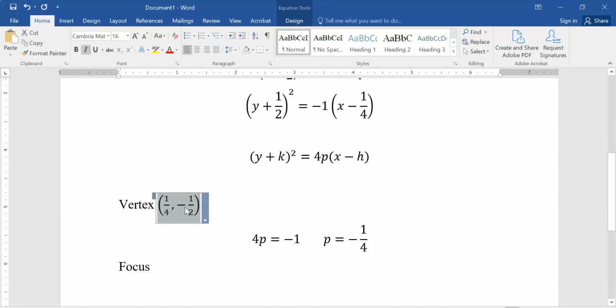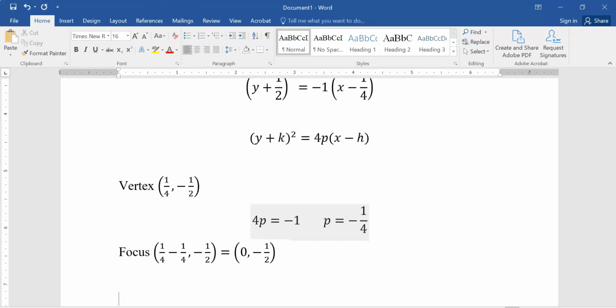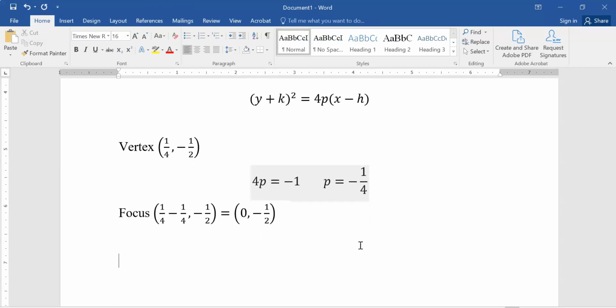So we're going to take this vertex, and moving to the left is a subtraction, in this case, of 1/4. So we get a focus, which is the point 0, comma, -1/2. And the directrix will be a line.